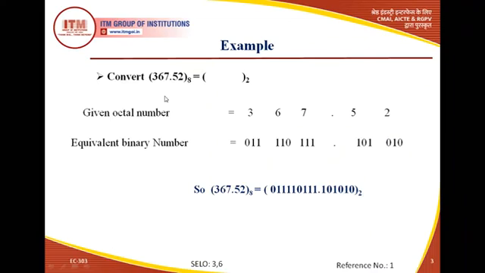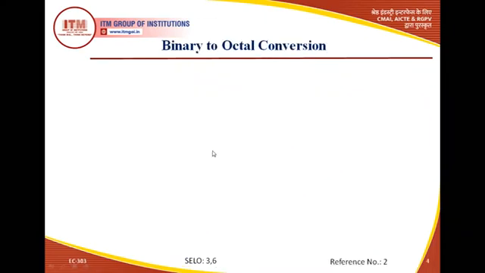So in such a manner, we can convert an octal number into a binary number. Now we see the reverse operation, that means binary to octal conversion. If we want to convert a binary number into an octal number, we make groups of 3 bits and represent each 3-bit number by its equivalent octal number.